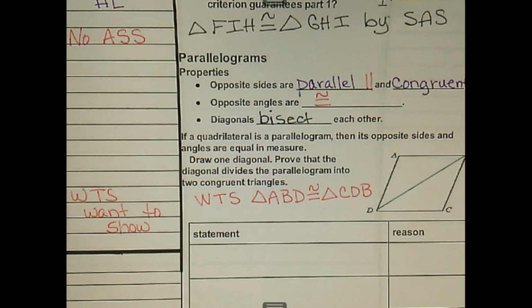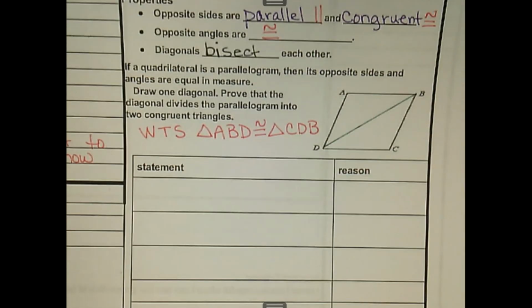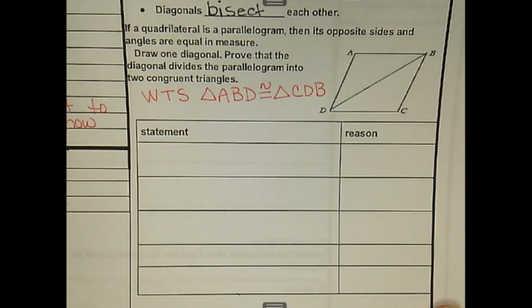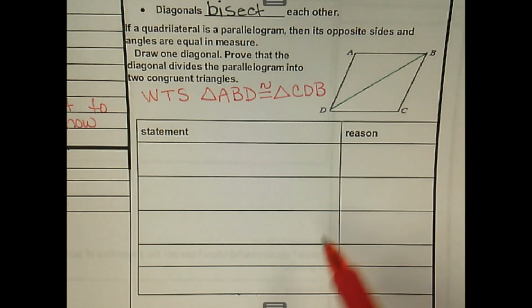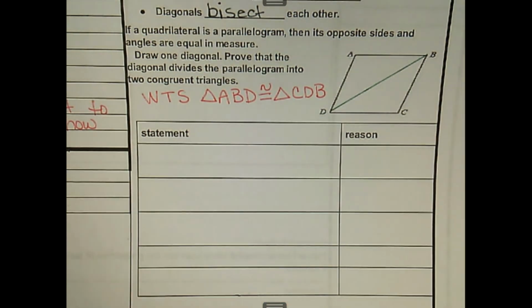Okay, now, with proofs, 99% of the time, you start with what is given. 100% of the time, the last statement is what you want to show.